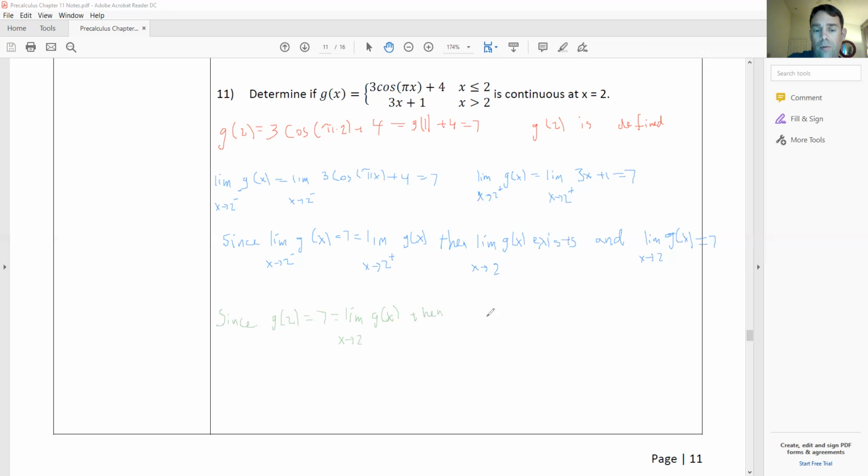It's the writing that's important. Then g of x is continuous at x equals 2.